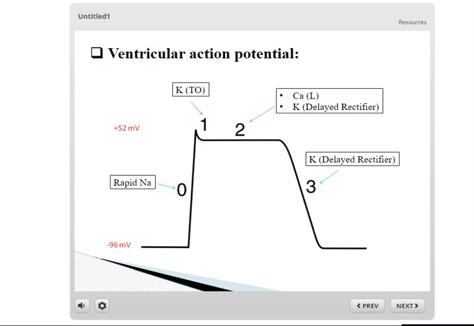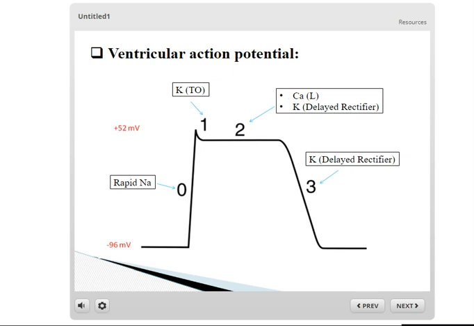This rapid influx of sodium depolarizes the cell membrane to around plus 20 millivolts. And there is a plateau phase.